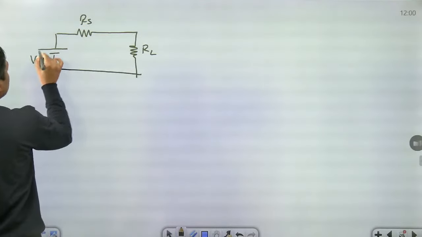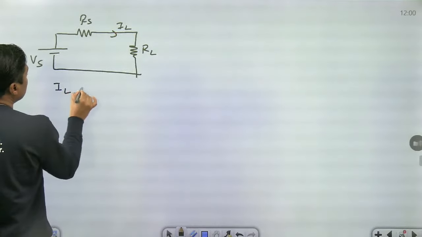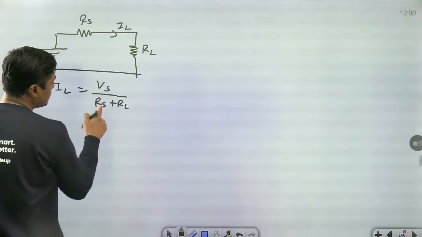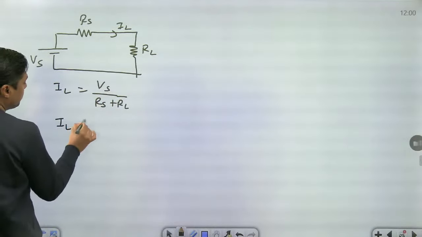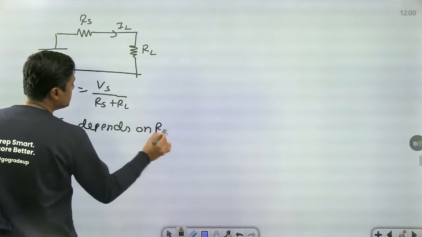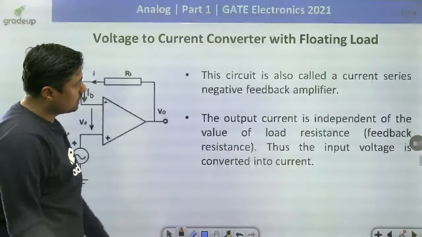This is not a voltage to current converter. IL is equal to Vs by Rs plus RL. It is not a voltage to current converter because IL depends upon the RL. IL depends upon RL. And that's why it is not a voltage to current converter.